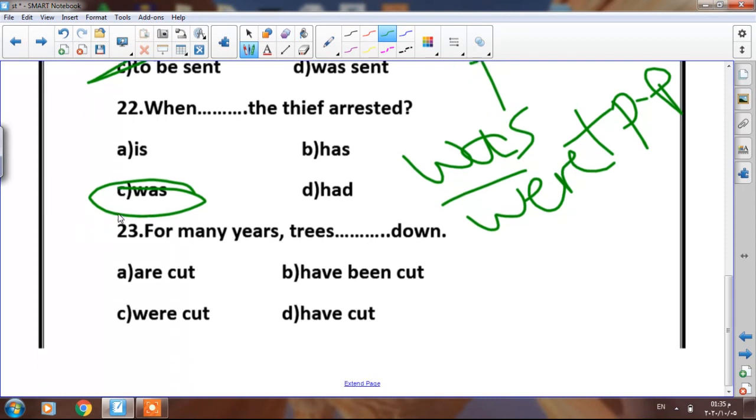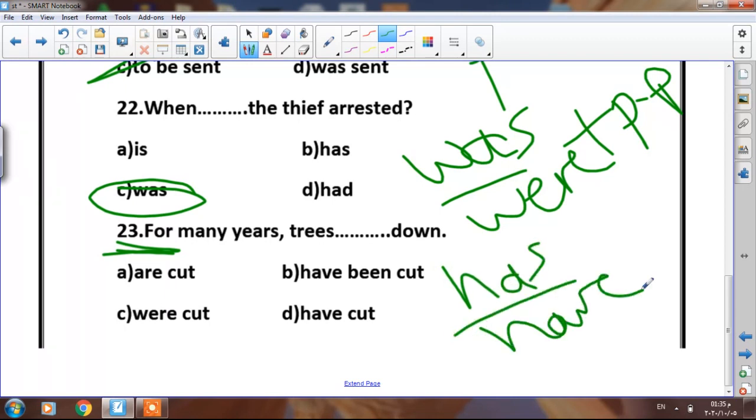Number 23. For many years, trees dot down. Can the trees cut themselves? Of course not, so I need passive here. But I have the word "for," which reminds you of which tense? Has or have, plus been, plus past participle.